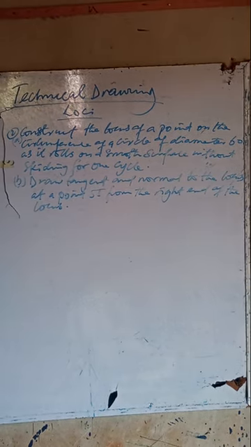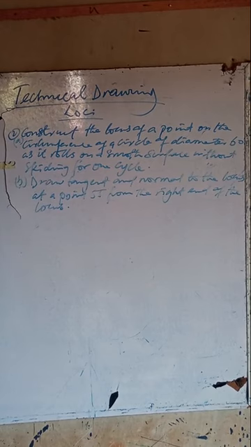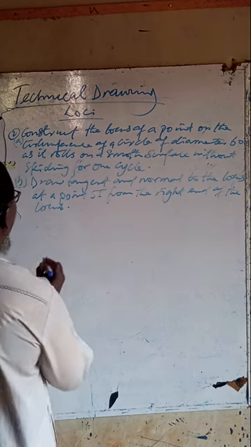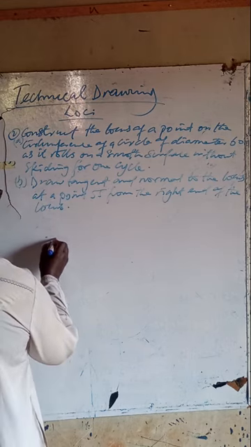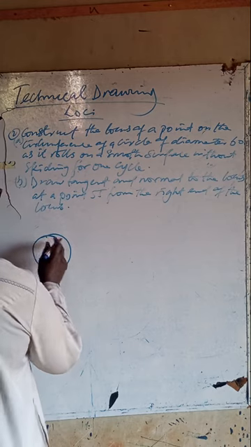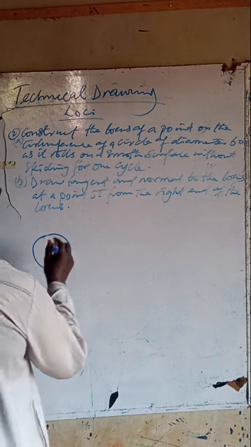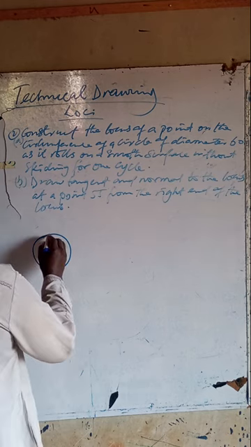So the first thing you're going to do is to draw a circle of diameter 60. Let's say this is our circle of diameter 60. Then we divide it into 4 parts first.